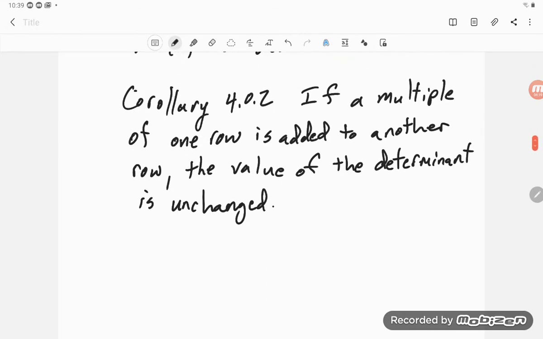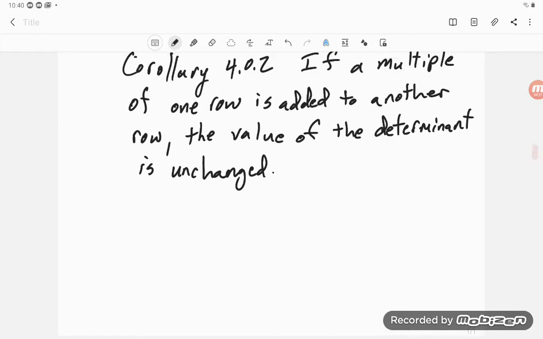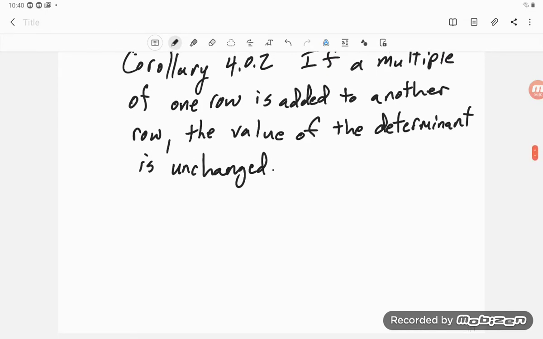Now that is something. So the idea here is that we take the multiple of another row. So I'll just show something similar to what they have.